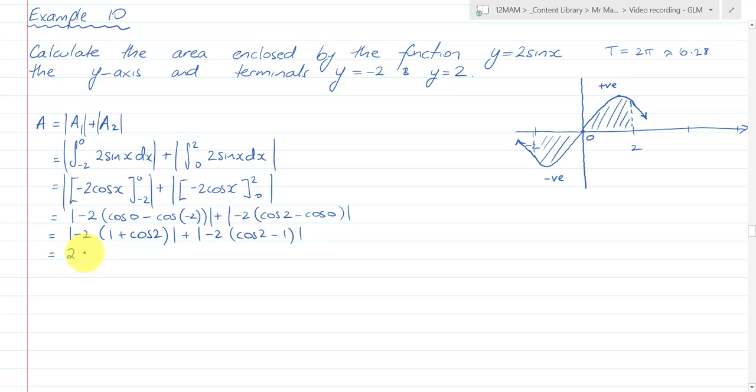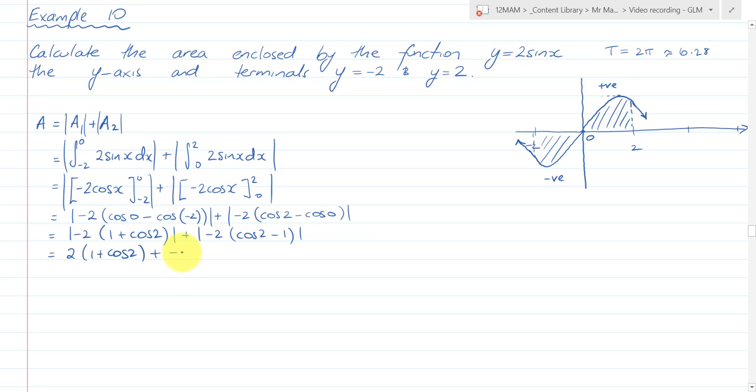We get 2 outside of 1 plus cos 2 plus, now cos 2 minus 1, that's our problem. But cos of 2 is going to be less than 1, because 1 is the peak that we get to in a normal cosine function. So if 1 is the peak, then cos 2 must be slightly less than that 1 in the standard cos function. Therefore, this times a negative number will be positive, so that doesn't apply.